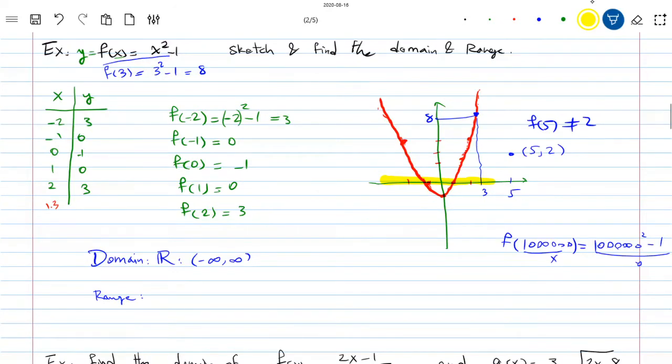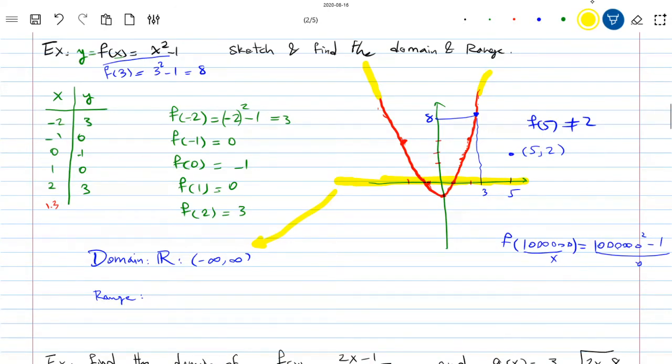So let's assume you squeeze this graph from above and below, and you will squeeze it all the way down into the x-axis. What area do you cover? This section. But this curve will keep going in each direction. That means this number line you will cover more and more. That's why we have the domain to be all real numbers. That means all the x values will get covered.